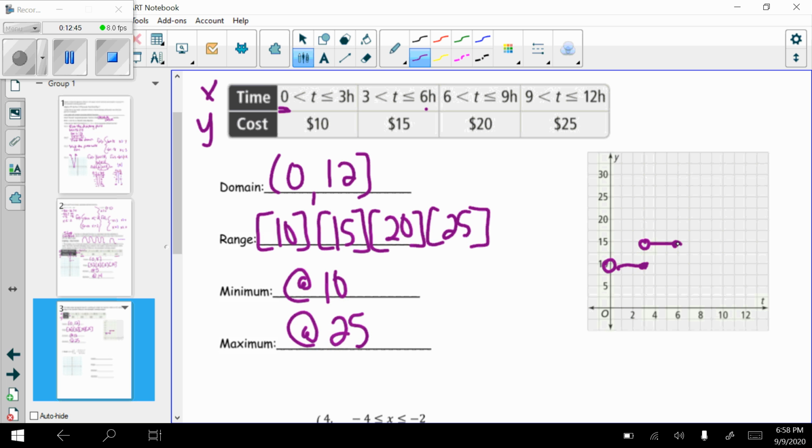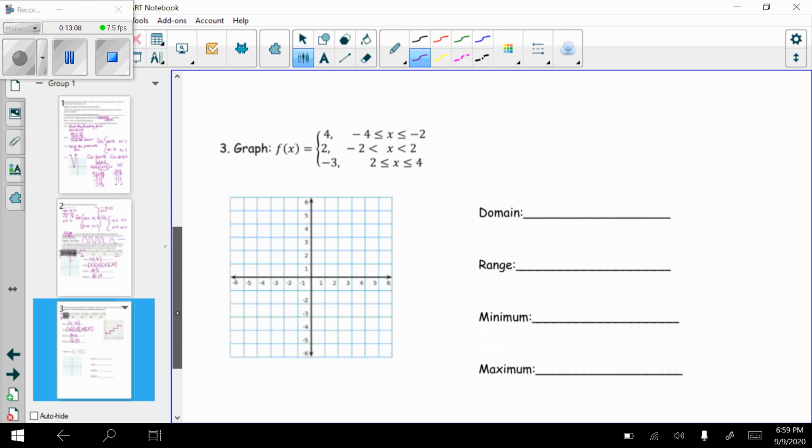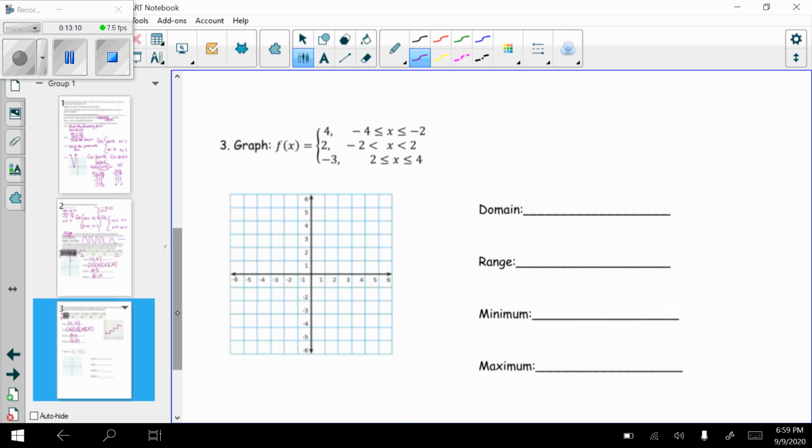Then we go (6, 20) is open, (9, 20) closed, connect. And then finally (9, 25) is open to (12, 25) closed, connect. And there's our graph.